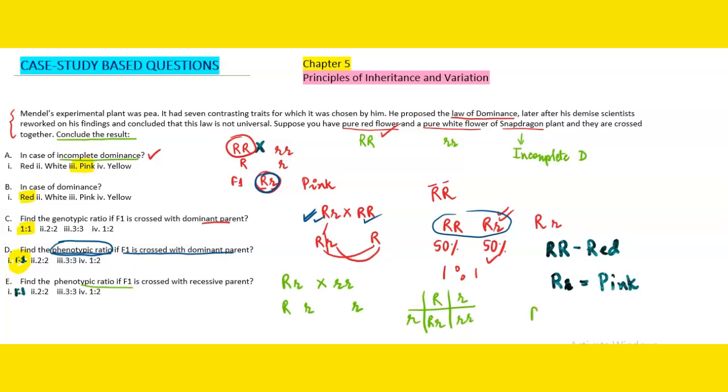We will have capital R, small r, whose expression will be pink because they have given the general case of snapdragon, which follows incomplete dominance, and small r small r will obviously be white. So again, we have 50% pink, 50% white, and again we pick 1:1 as the right ratio.